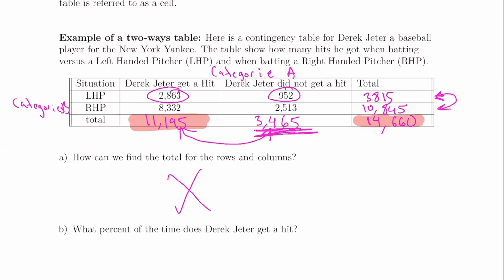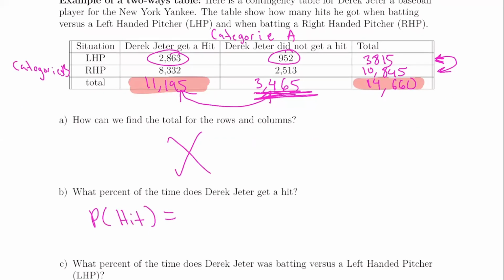All right, let's do part B. Part B says, what percent of the time does Derek Jeter get a hit? So for this one, we're gonna say probability, and we just want to find the probability he gets a hit. Usually when you see this P right here, that means probability or percent. It's the same thing.